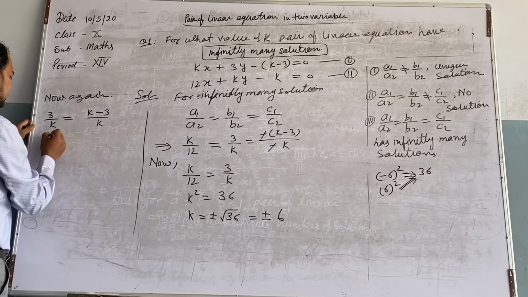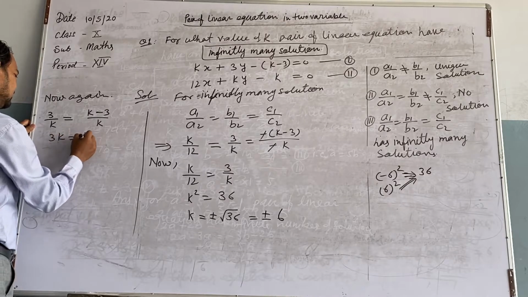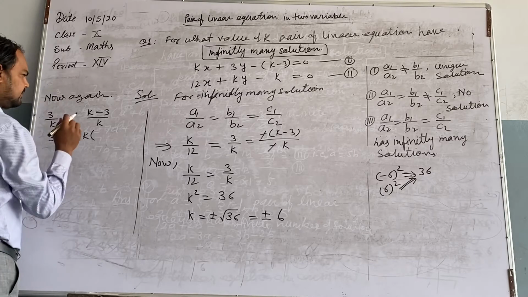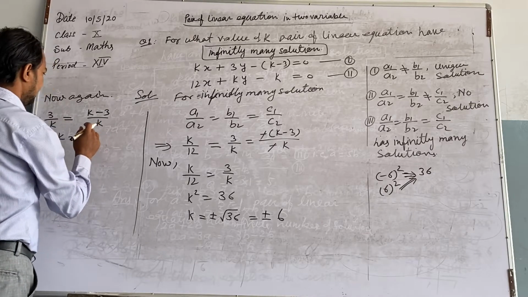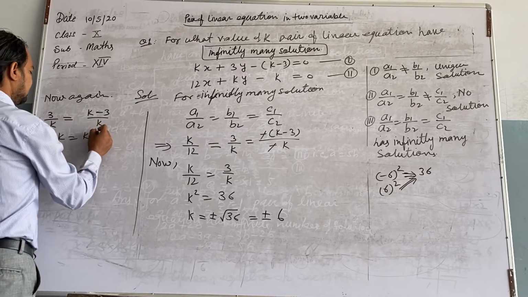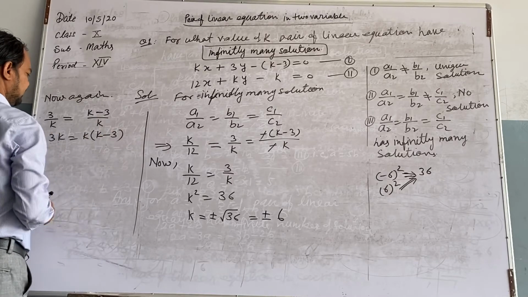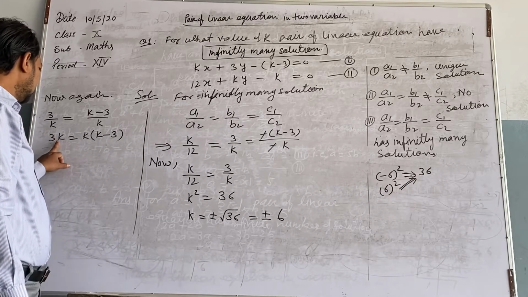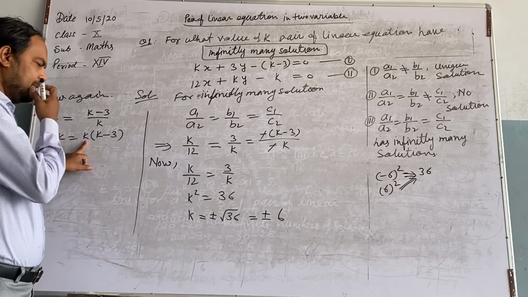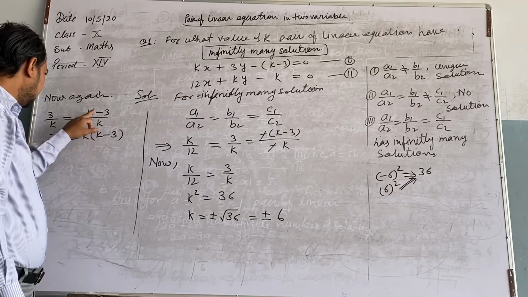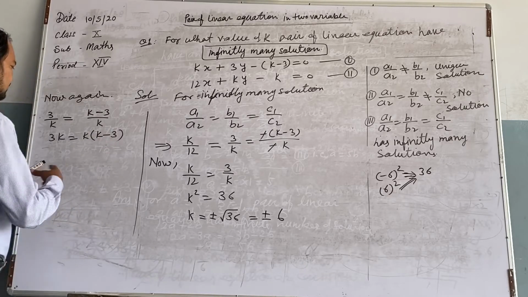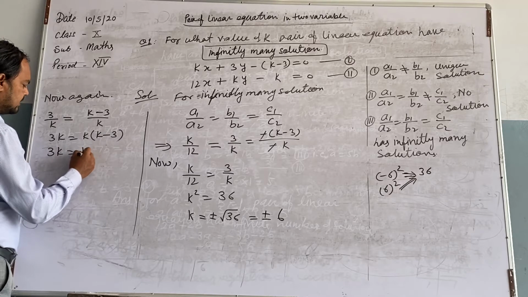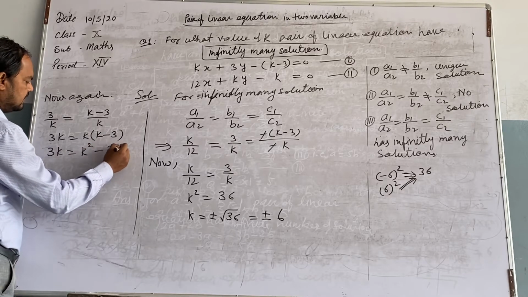This can be written as 3k equal to k into (k minus 3). Now multiply this, open this bracket: 3k equal to k square minus 3k.